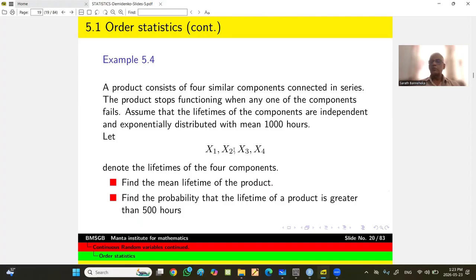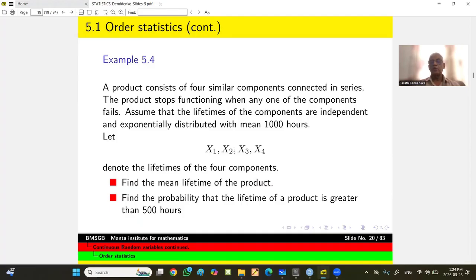Right? So therefore, we can see that the lifetime of the product is actually represented by the first order statistic, the minimum of x1 up to x4. The lifetime of the product is represented by the minimum of x1 up to x4, that is the first order statistic.